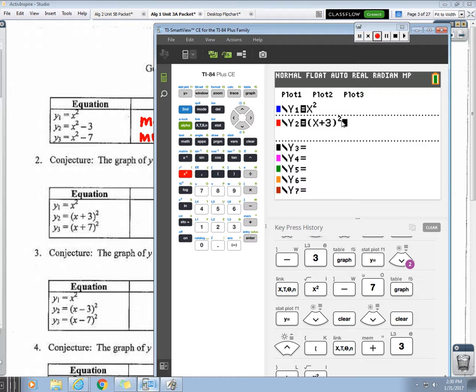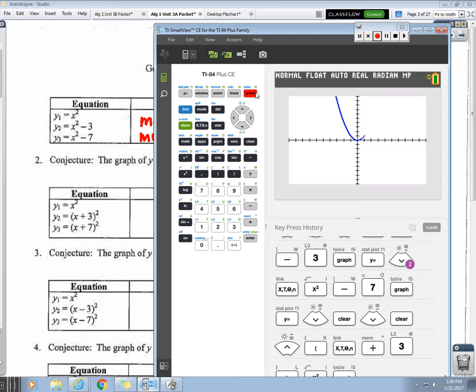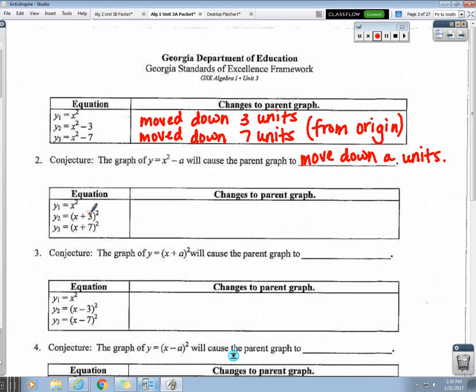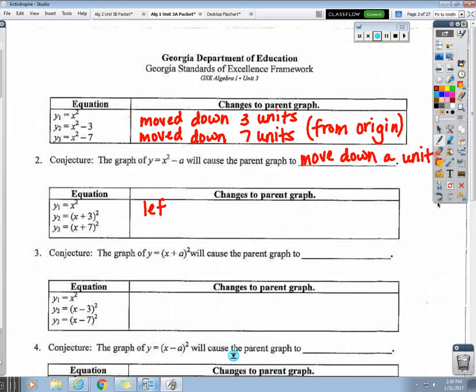Yes, the parentheses will make a big difference. Now that you have it typed in, hit graph, and what happens? It went left. So it does the opposite of what you would think, because normally common sense would tell us plus means right, correct? But with horizontal shifts, left and right shifts, plus actually moves it left. So it moved it left 3 units.